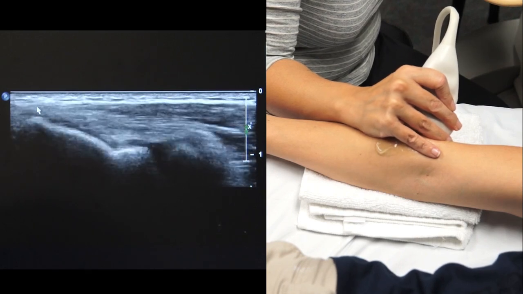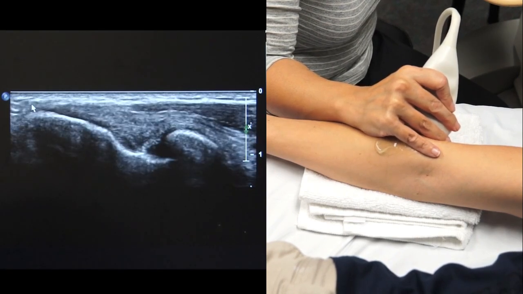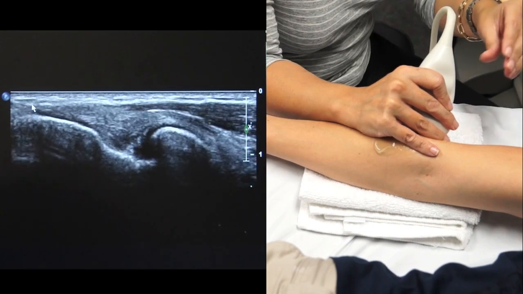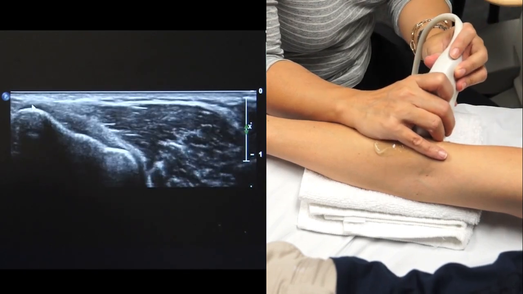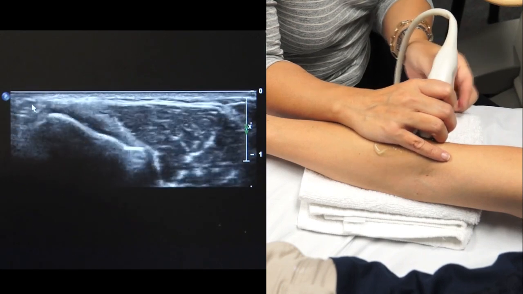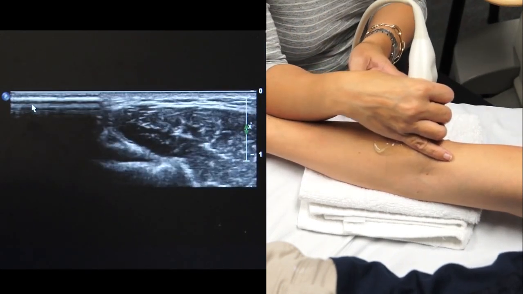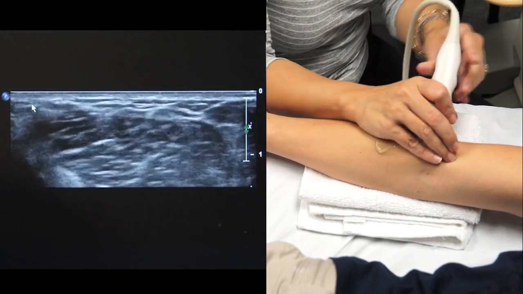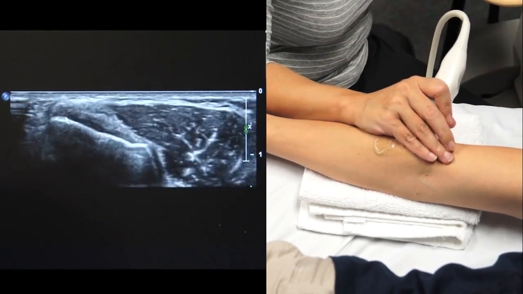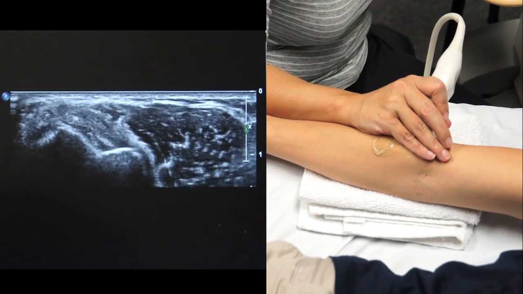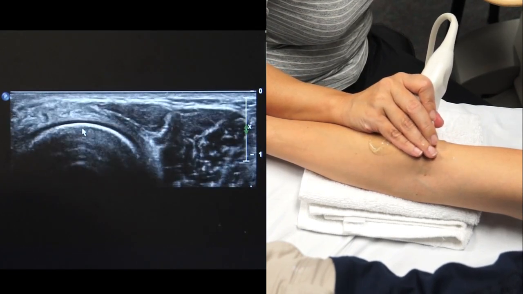Okay. Now, whenever you scan something in long axis, you also want to look at it in short axis. So we will turn the transducer 90 degrees. You want to keep, again, the marker of the transducer towards the right side of the patient. And again, we are looking at the lateral epicondyle, and as we slide distally, we can see the fibers of the common extensor tendon.